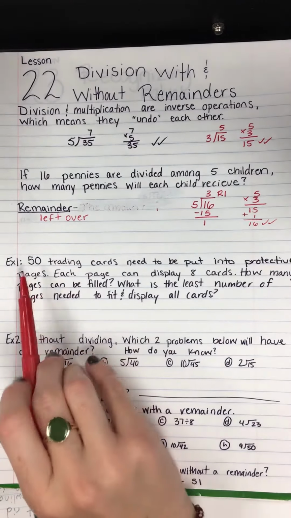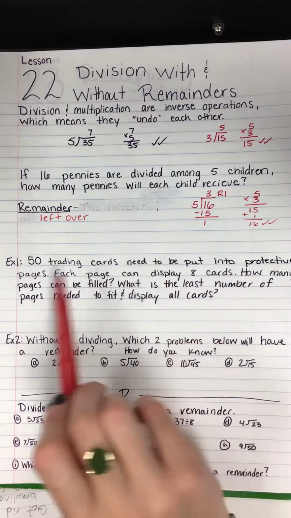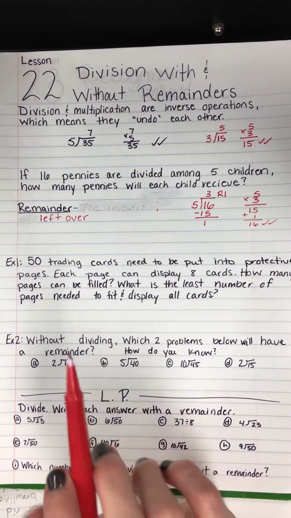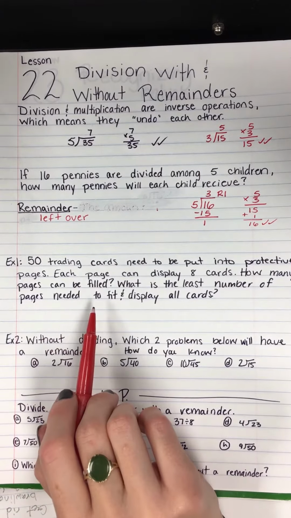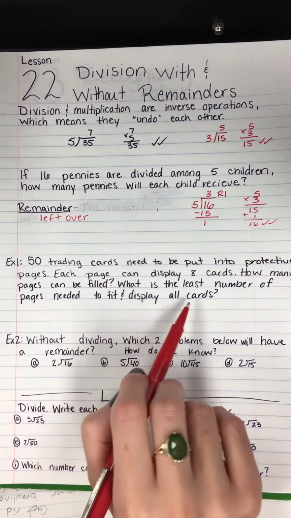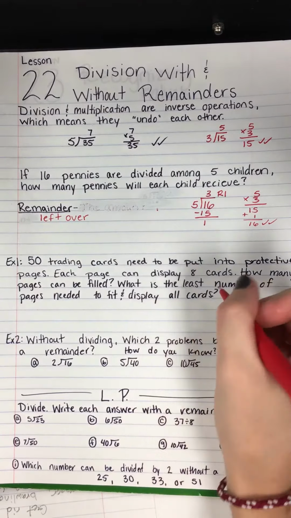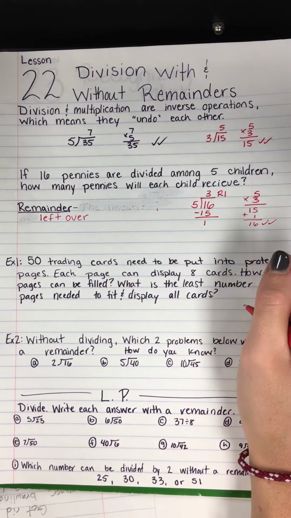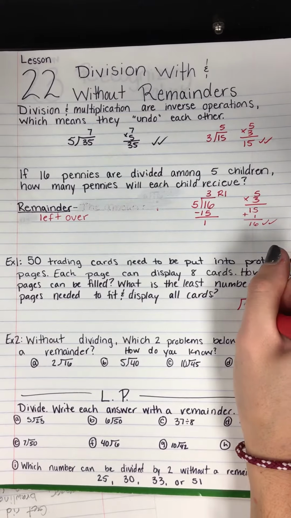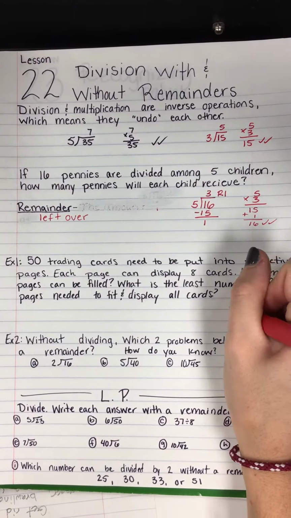Okay, so now we're going to do example 1. 50 trading cards need to be put into protective pages. Each page can display 8 cards. How many pages can be filled? What is the least number of pages needed to fit and display all cards? So we begin by rewriting the problem with a division box. Big on the inside, small on the outside.